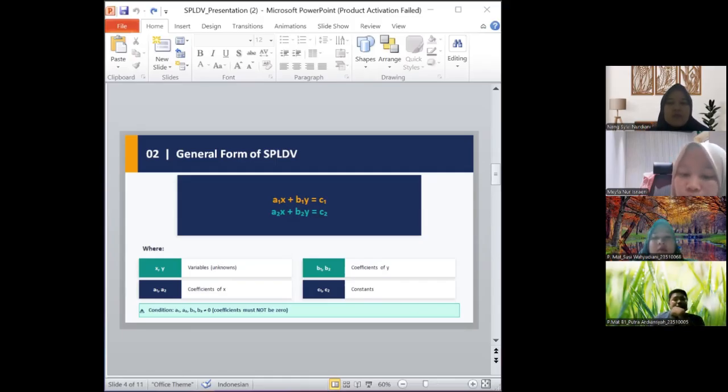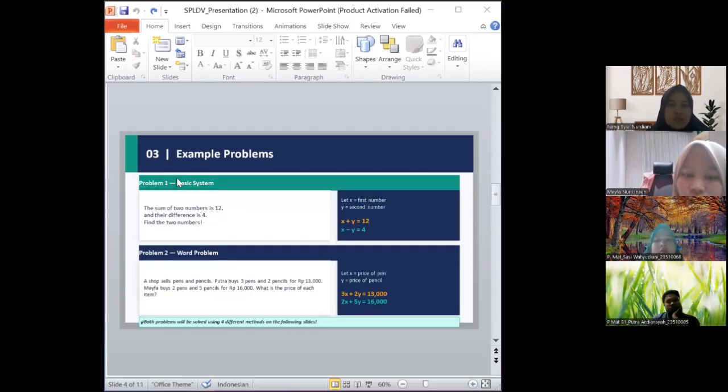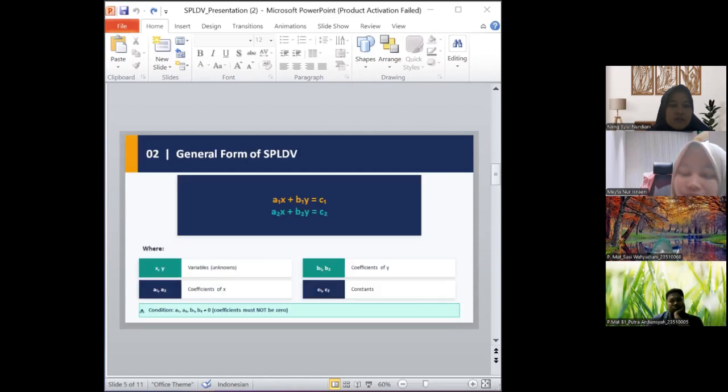Now let's move to some example problems. Okay, we can move to another slide. Here are two example problems. Problem 1: the sum of two numbers is 12, and their difference is 4.